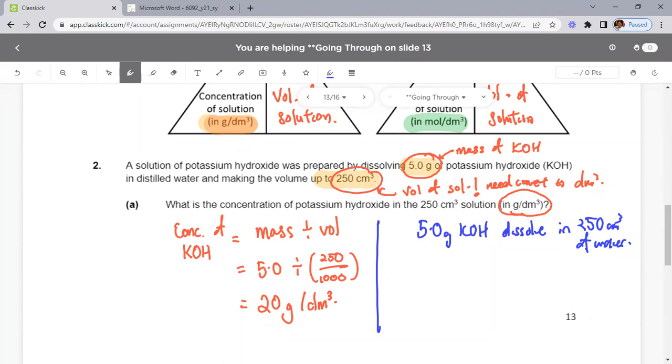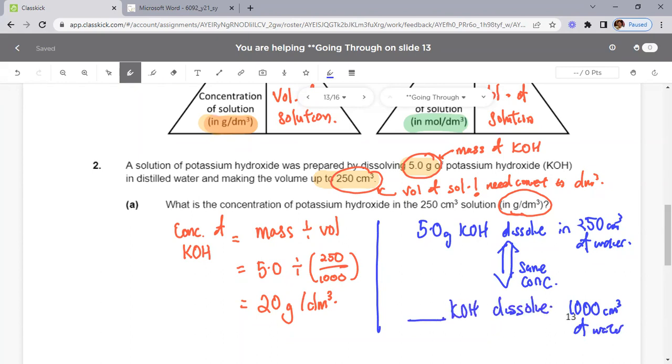When I say 20 gram per dm cube, it means that to achieve the same concentration, if my water now becomes 1,000 cm3, how much KOH needs to be dissolved in 1,000 cm3 for both to achieve the same concentration? In this case, I will need 20.0 grams of KOH to dissolve in 1,000 cm3 of water.